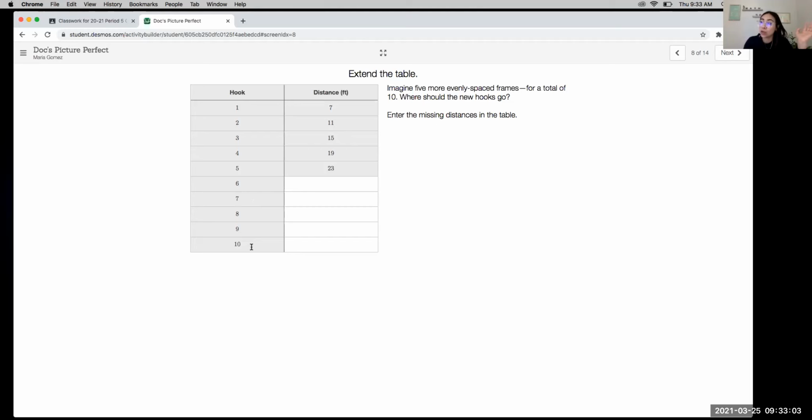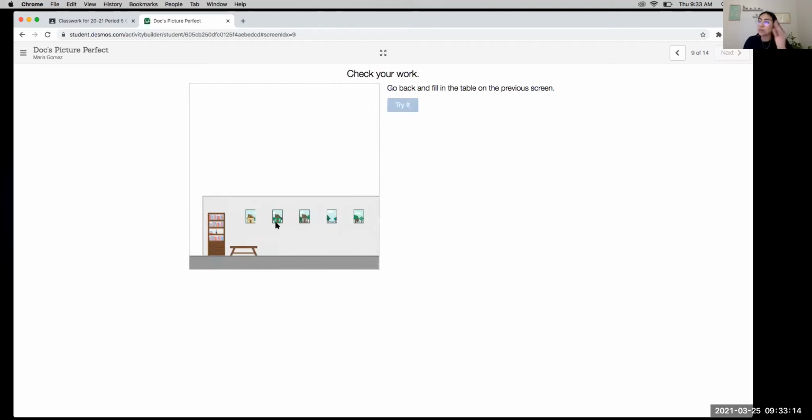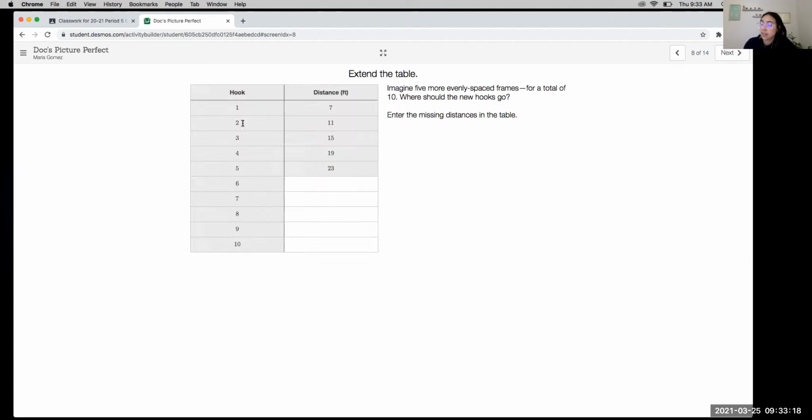So we now have a total of 10 frames. Okay, you want to enter the missing distances in the table, and then hit next and click on try it to make sure that you place those extra hooks correctly. So try a couple of values. Some of you might already know what to do.